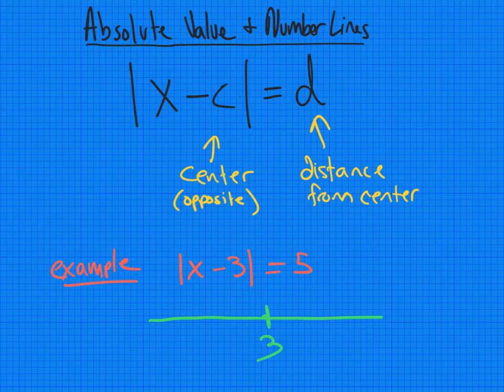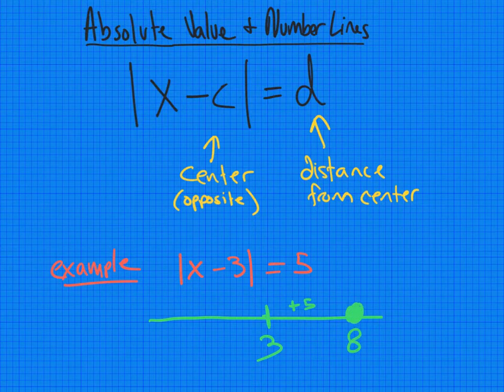Then the 5 represents the d, the distance from center. So from 3, my center, I'm going to go 5 units to the right, which puts me at 8, and I'm going to put a filled in circle there.